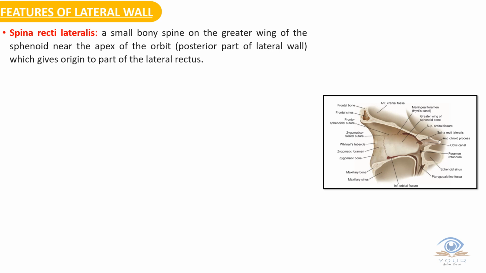Now, coming to the features of the lateral wall, the first feature is the spina recti lateralis, which is a small bony spine on the greater wing of the sphenoid near the apex of the orbit. This is the posterior part of the lateral wall, which gives origin to part of the lateral rectus.